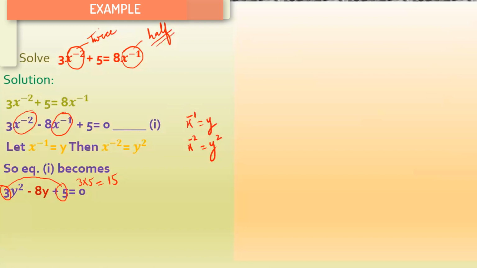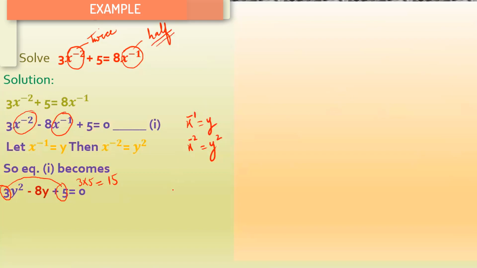Now we need to think about two numbers whose product is 15 and whose sum is minus 8.